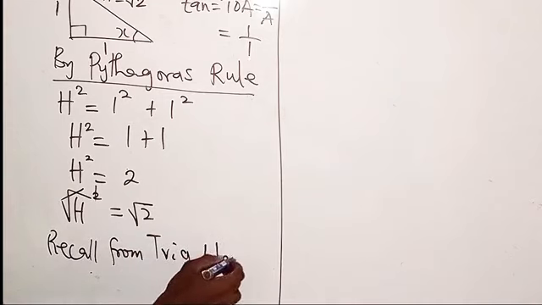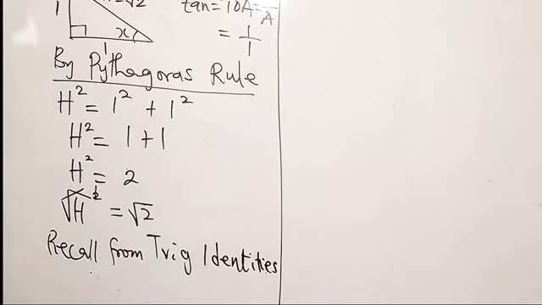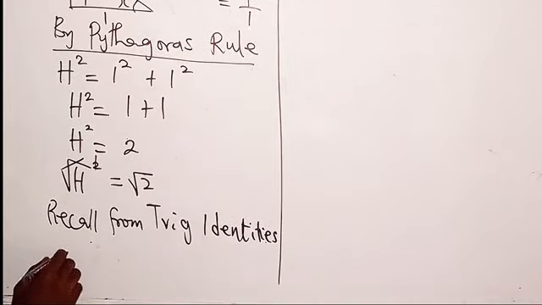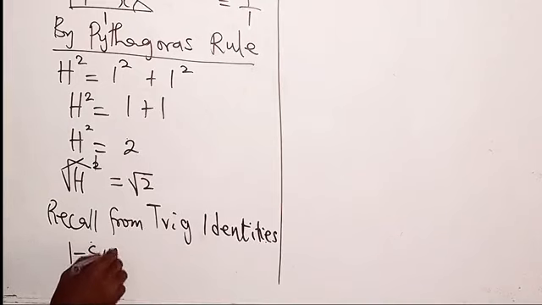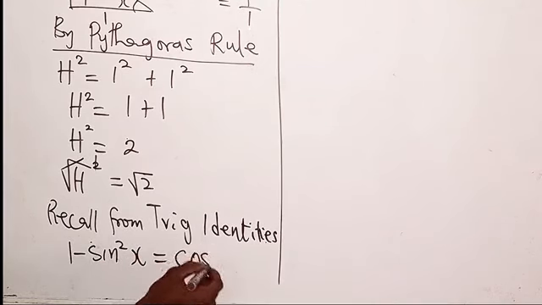Trig identities are very, very important in trigonometry, so you will have to master some of them if you want to do well. Recall from trig identity, whenever you see 1 minus sine square x, this will always be cos square x.